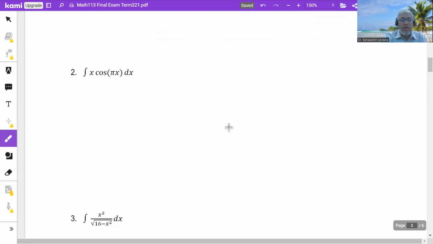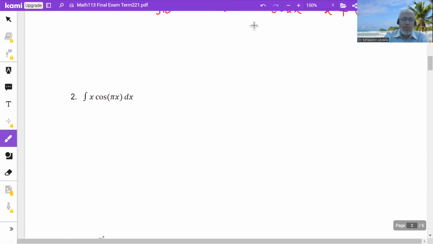The second integral, integral of x times cosine pi x dx. Well, I have a product: x times cosine, x times sine, x times e. We know we always use integration by parts.